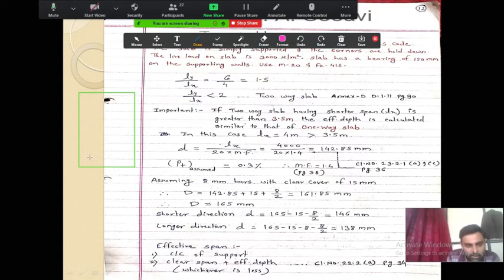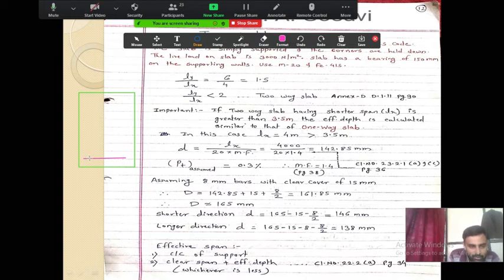The bar of the shorter direction will already come here. Okay, so your shorter direction bar will already come here. You will see the bar in the shorter direction, and the bars of the longer direction will be above these shorter direction bars.